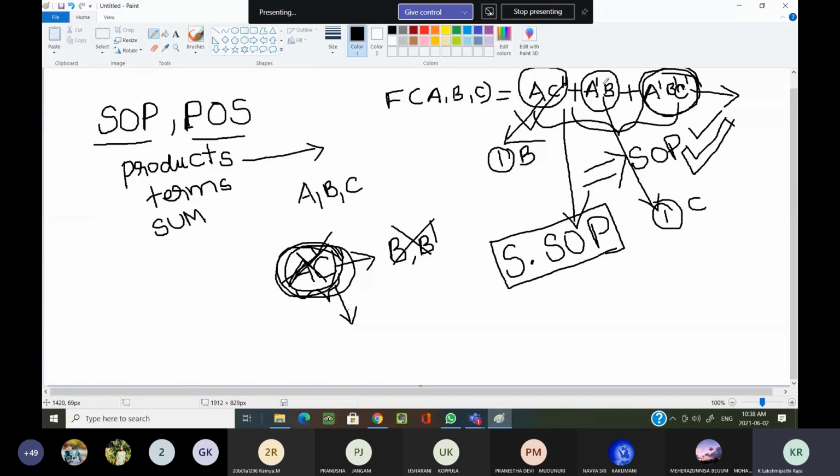But the starting two terms do not have the complete form; they are missing one literal. Because of this reason, we cannot consider this as standard SOP. Simply, we can consider this as SOP.